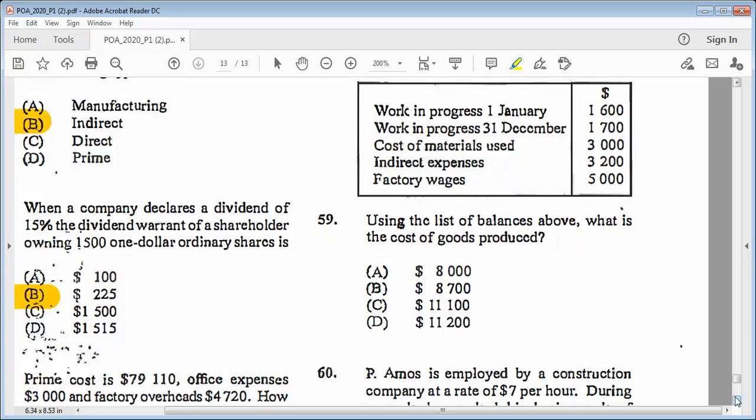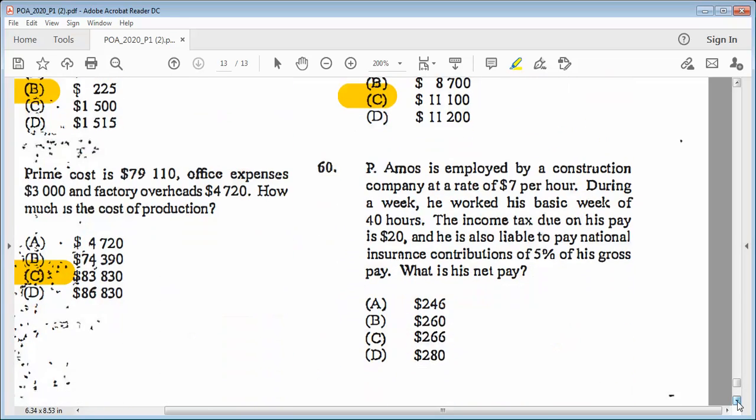Now we are going to less our closing work in progress at December 31st, which is $1,700. So when we take away $1,700 from $12,800, we're left with $11,100. So our answer is C. Let's go on to 60, the final question.